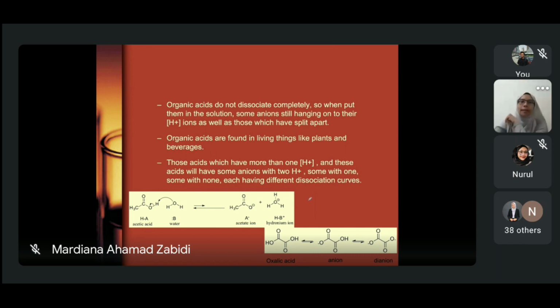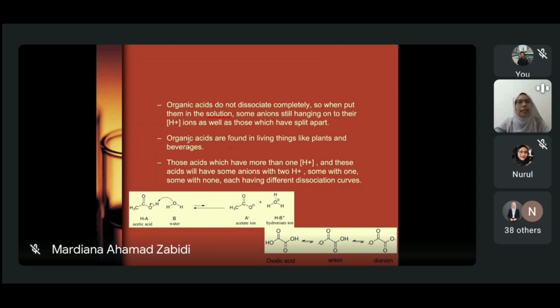So when this organic acid is added into a solution, in water, distilled water, some anions will still hang on to their hydrogen ion, as well as those that have split apart.